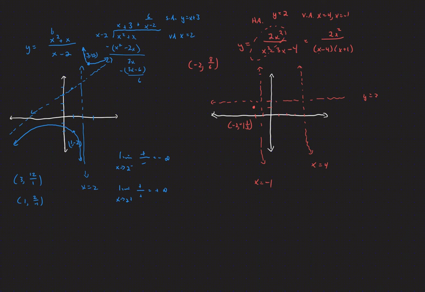And I'm going to plug in 0 because that's easy. 0 over 0, 0 over anything is 0. So that's a nice point to know. And I'm going to plug in positive 5. So when we plug in 5, 5 squared is 25 times 2 is 50. Yikes. 5 minus 4 is 1. 5 plus 1 is 6.